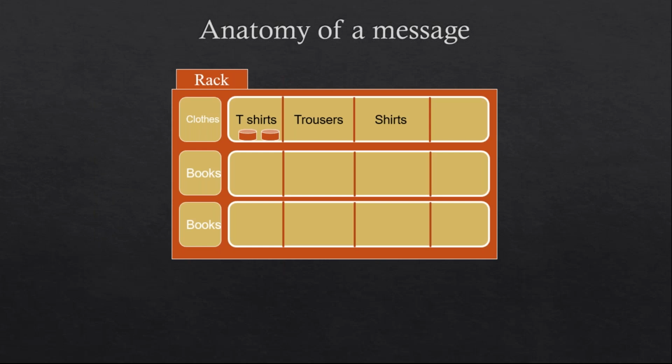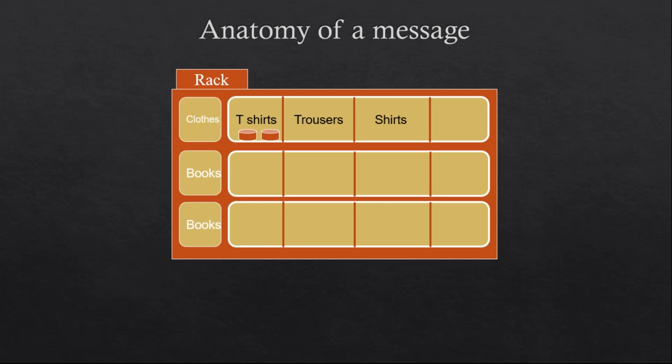If we look closely at the communication between these two people, the person outside the home will call the person at home and just say, can you get me the t-shirt? Can you get me that green color t-shirt or something? He will give the specifics of the t-shirt, but he doesn't give the specifics of the location of where the t-shirt is. The reason being, the people at home already know the exact location of this t-shirt.